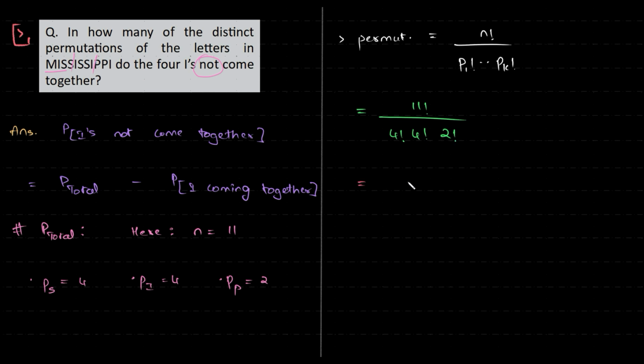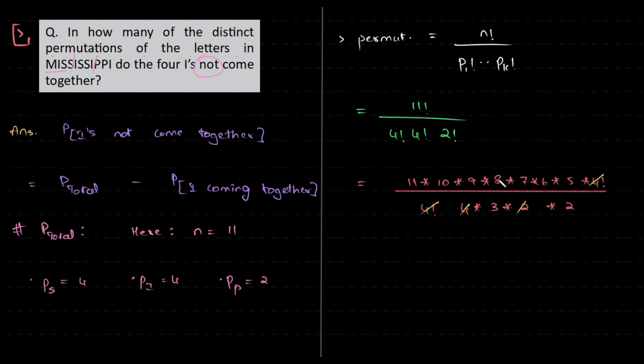So this is nothing but 11 into 10 into 9 into 8 into 7 into 6 into 5 into 4 factorial, this entire thing divided by 4 factorial into 4 into 3 into 2 into 2. The reason behind not expanding this is so that we can cancel.